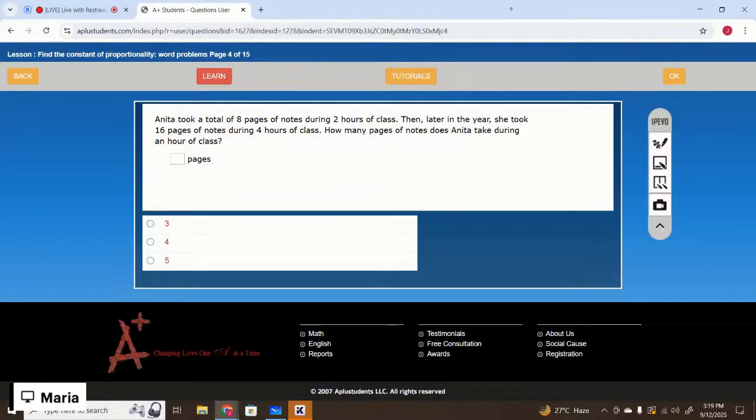Anita took a total of 8 pages of notes during 2 hours of class. Then later in the year, she took 16 pages of notes during 4 hours of class.